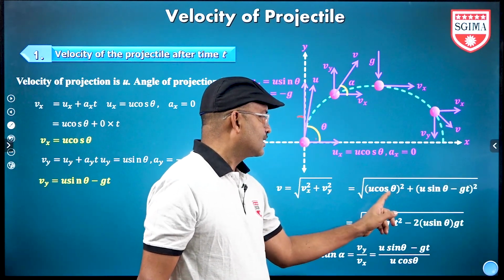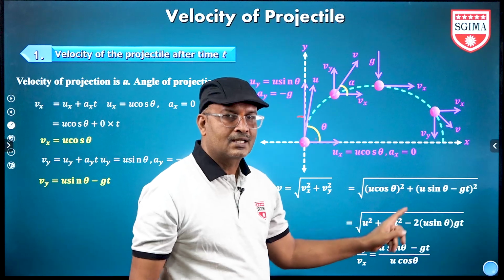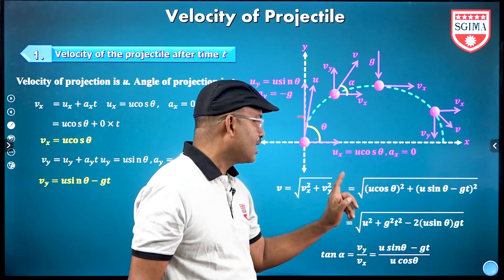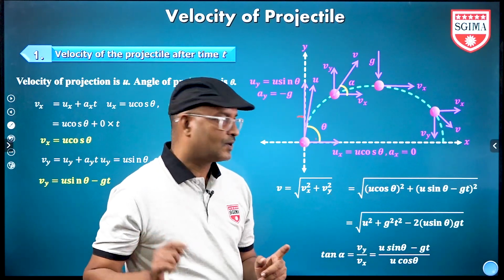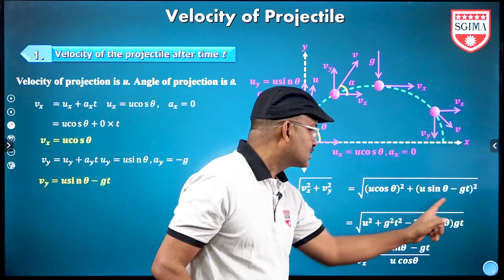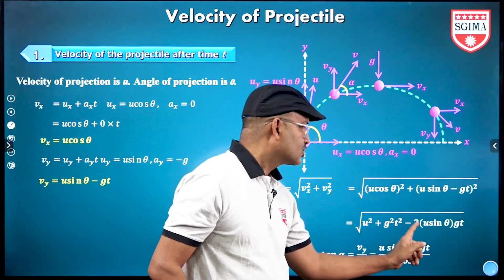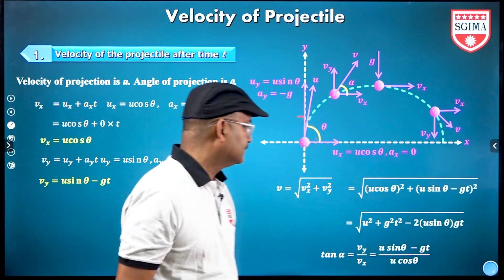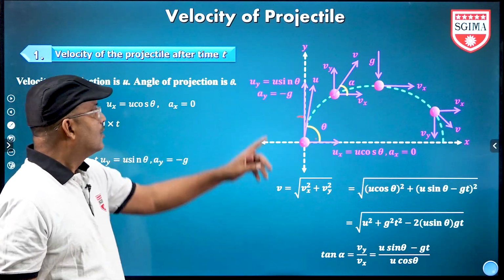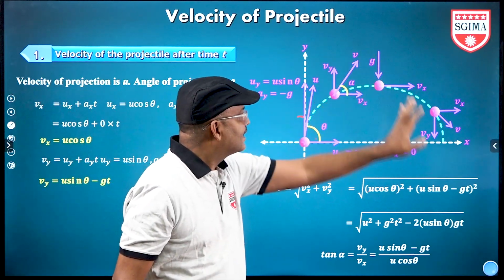Since cos square theta plus sin square theta is 1, we get u square plus g square t square minus 2u sin theta gt. So the velocity at any time can be calculated.